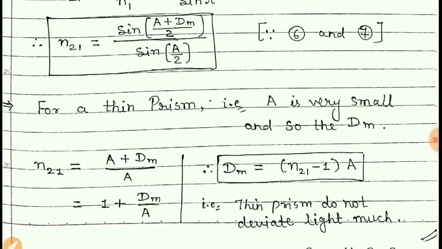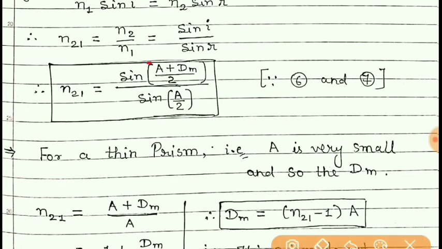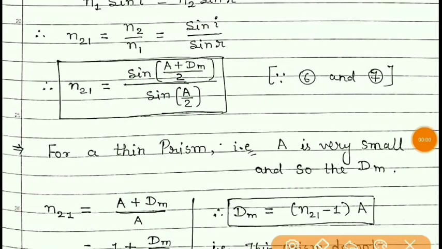So in that case, we know that if these angles are very small, then we can remove this sin and simply write n21 is equal to A plus Dm by 2 upon A by 2.